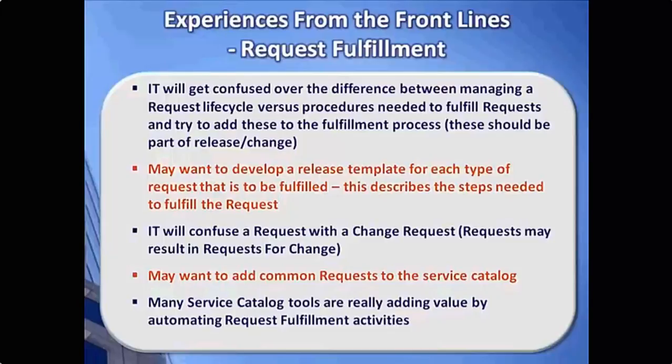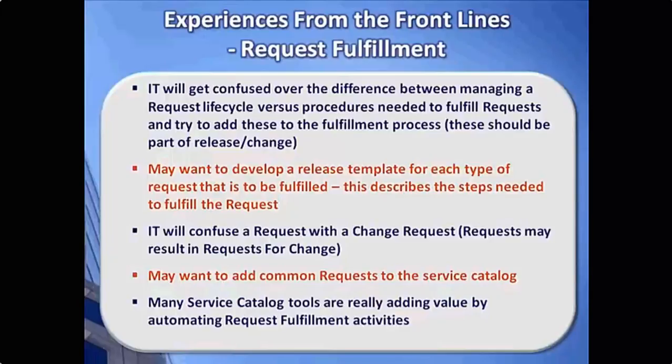In order to identify these requests, we need to put ourselves in the shoes of the user, or those that will be using the service, and understand in advance the kinds of things that they will ask for from this service. So in our email example, some examples of requests that we might see might be things like establish a new email account, or remove an email account, or make my mailbox bigger, or change the ID on my mailbox.